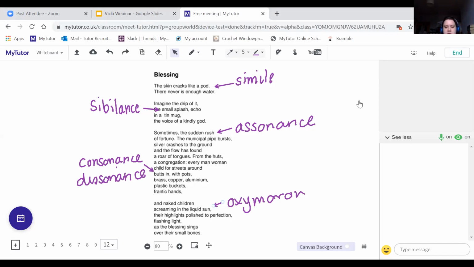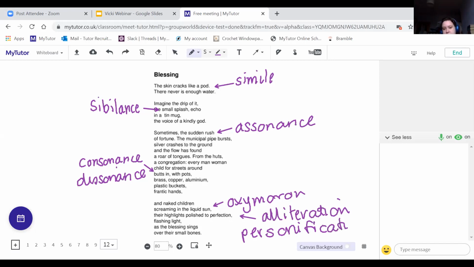We've got some more alliteration, polished to perfection, but we've already changed it to sibilance, didn't we? So let me get that one in. We've got a metaphor, so the blessing sings, and personification there because a blessing can't actually sing.